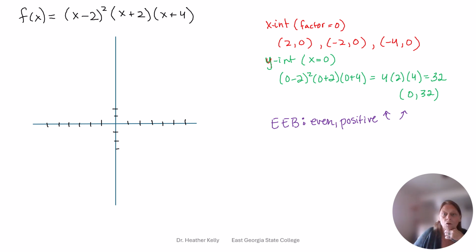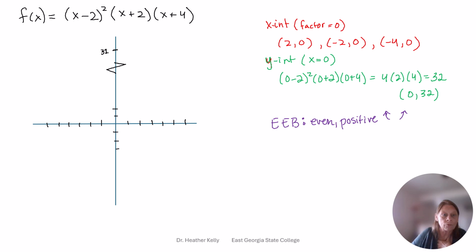Now notice that our y-intercept is at 32. I'm going to do this little thing that we do to compress down the graph, and I'm going to throw us up here at 32. Okay, so let's graph our points here.